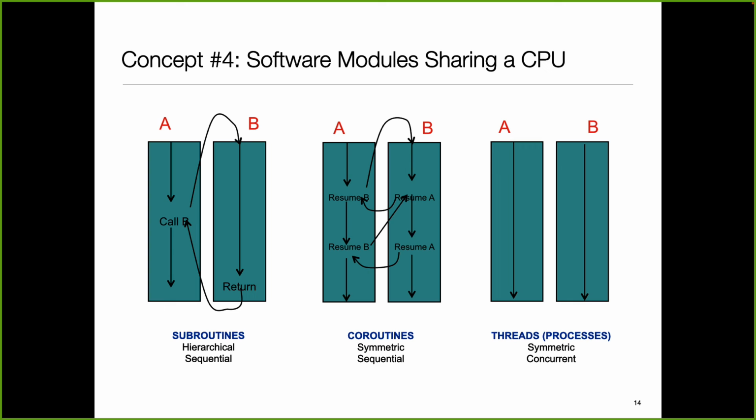The way I've shown here, module A is running, and then at some point I pass control to module B, module B runs and finishes, and then control returns back to module A. So there is a strict master-slave kind of hierarchy here. There's a caller, there is a callee. When A calls B, it passes arguments to it. When B returns, it returns the value back to A.